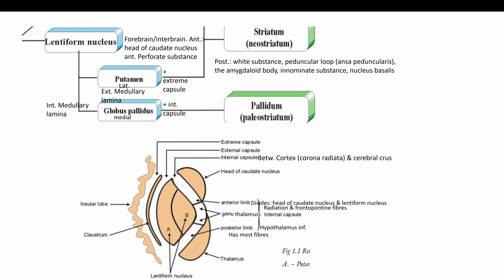Then there's the internal medullary lamina, separating the medial and lateral parts of the globus pallidus. And remember that the striatum is made out of the putamen and the caudate nucleus.